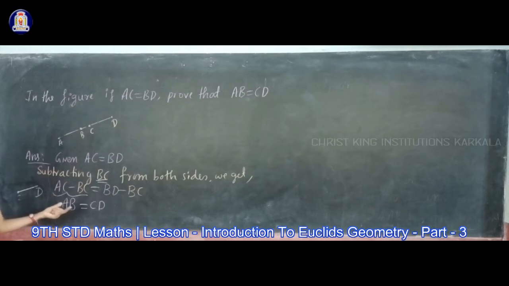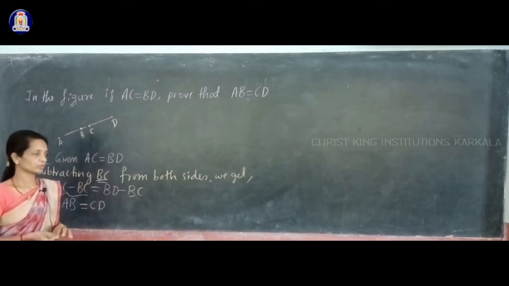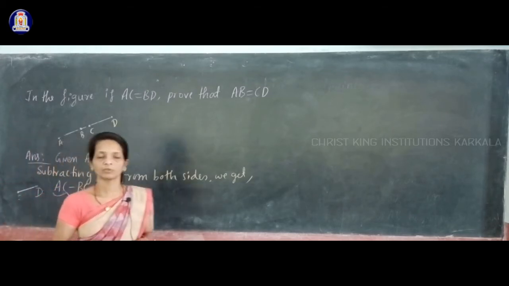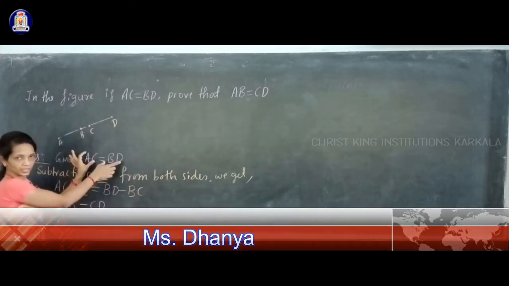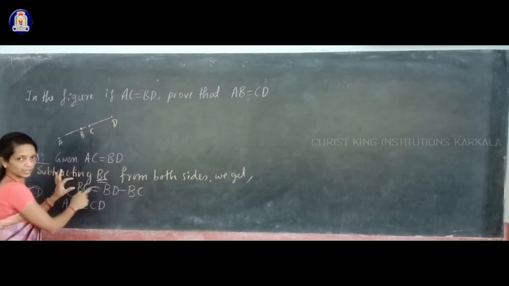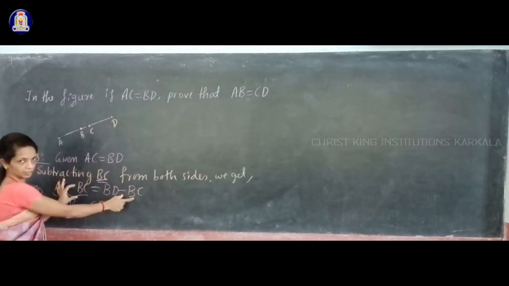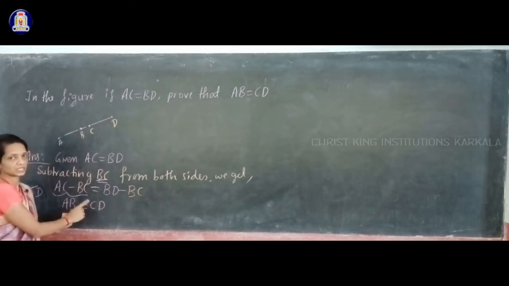And what we used here is one of Euclid's axioms: if equals are subtracted from equals, then the remainders are equal. These two are equals, and from equals we subtracted equals, BC. So the remainders are equal.